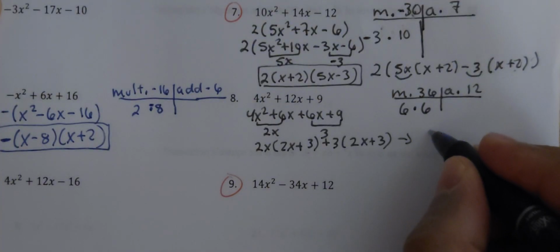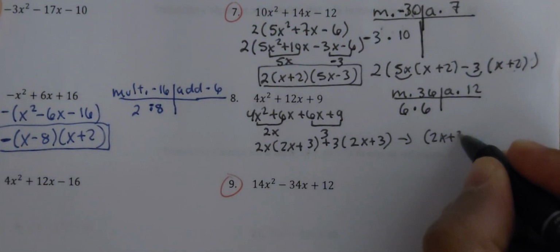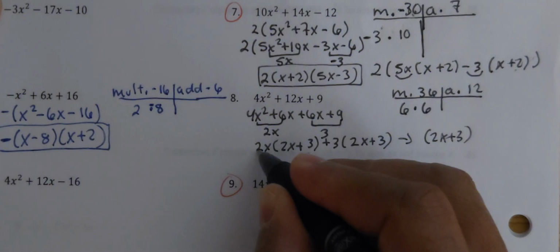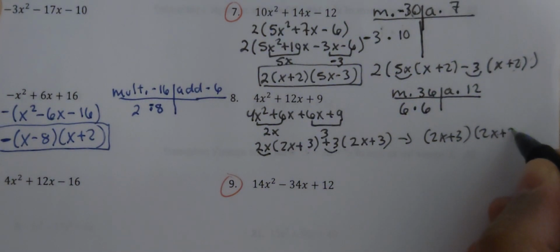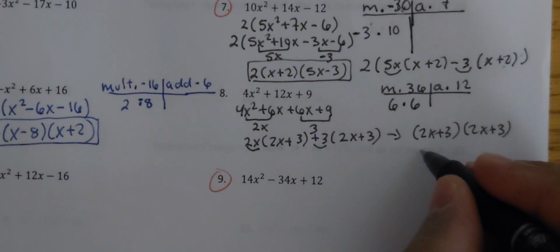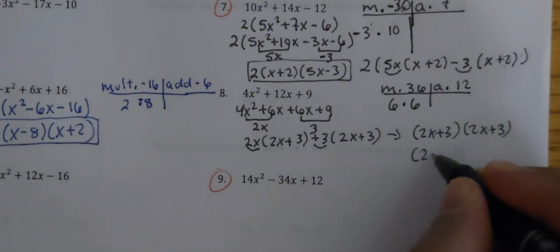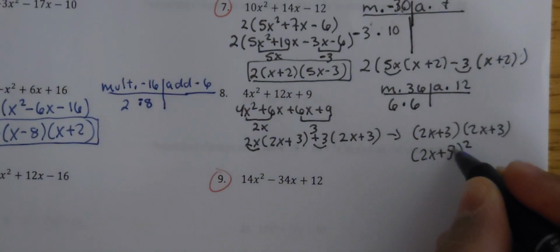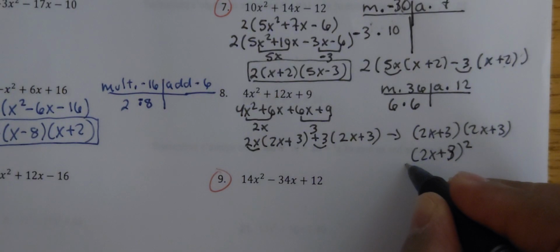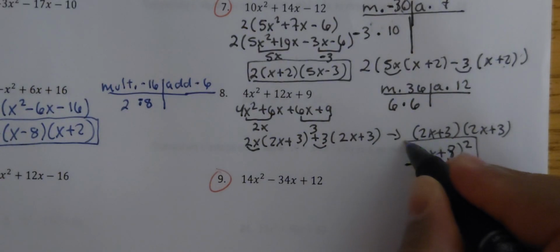So then let's factor it out. So 2x plus 3. And then put together another 2x plus 3. Okay, so then you can simplify this one by writing just one binomial. So this is 2x plus 3 squared because we have two of them. Okay, so this is the answer to number 8.